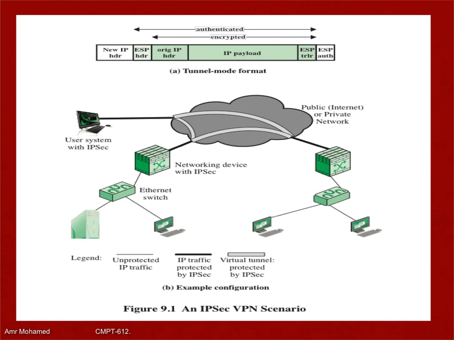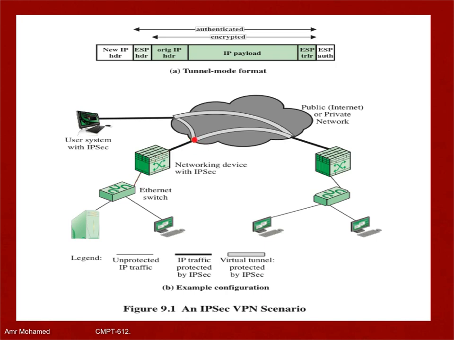So in the tunnel mode, we keep the original header as is, and we add on top of it some security header. We'll see the content of this security header. This security header secures traffic that goes through that tunnel.